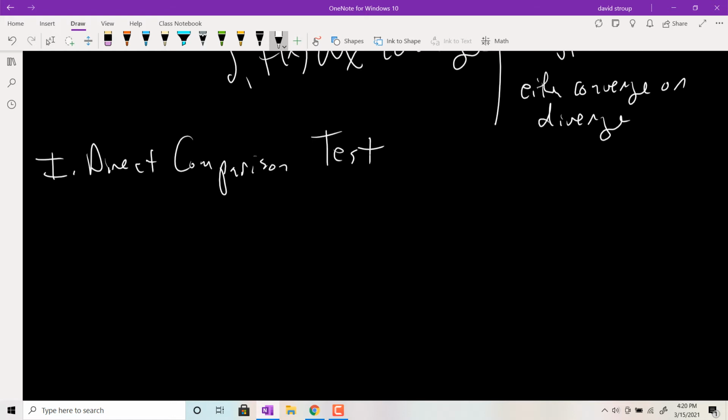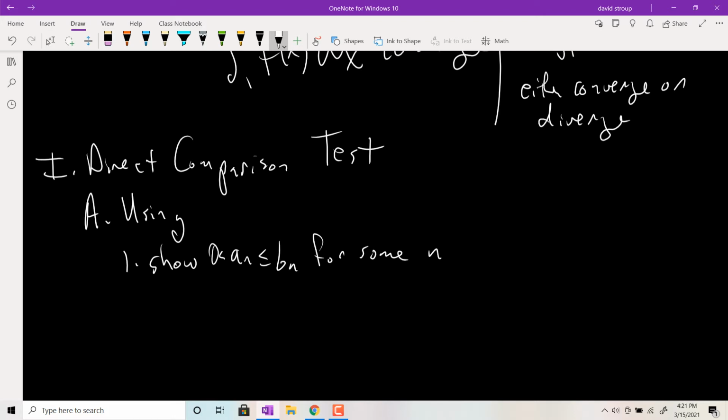Okay. So first, what do I need to see from you with regards to work? First, I want you to show the inequality holds. So show a sub n, usually you can just assume it's greater than 0, but show a sub n is less than or equal to b sub n for some n. Then secondly, state the convergence or divergence of a known series. So you're always comparing it to a series such that you know it converges or you know it diverges.